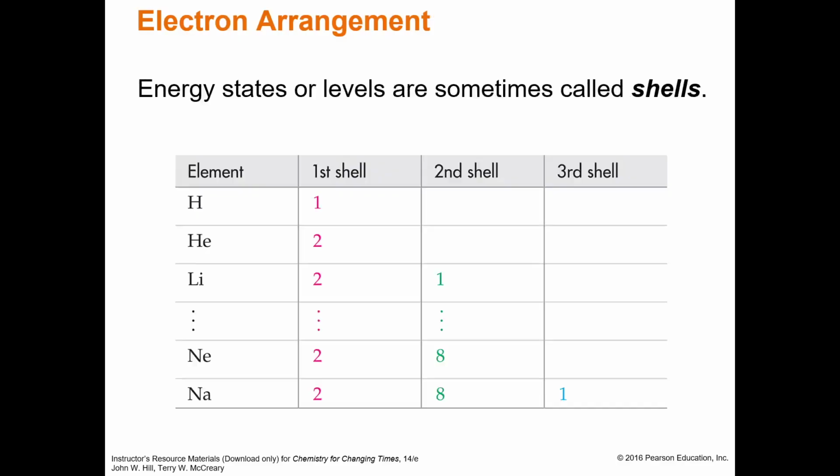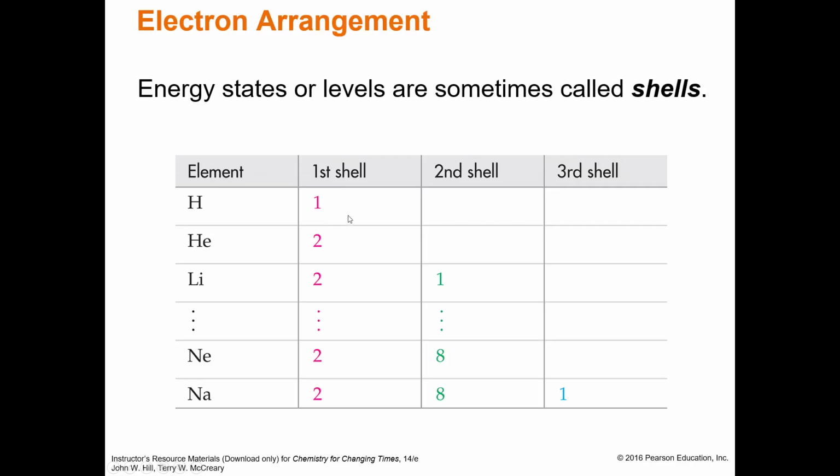Can you imagine? All right, so energy states or levels, these are sometimes called shells. And that would be that first energy level on the bottom, second energy level, third energy level that we saw in the previous figure. Right here we see the elements that have different shells and where they have their electrons.